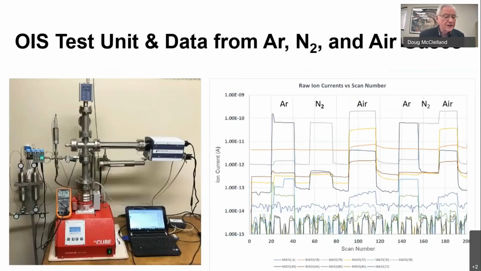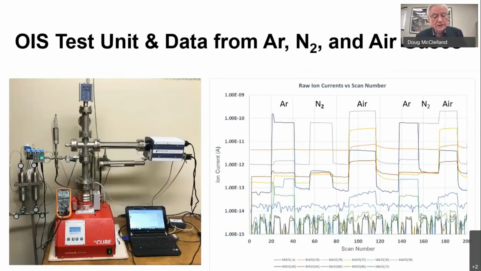Here is a test that we assembled to show what the results would be with the open ion source. This has the cross to introduce a separate ion gauge because this one does not produce the total pressure. But this is an open ion source hidden in the side of the stainless steel vacuum system.